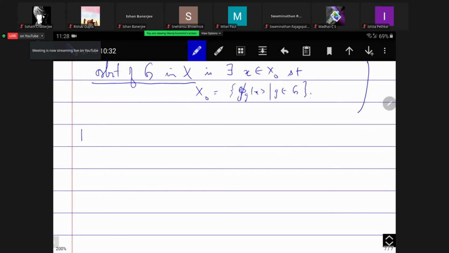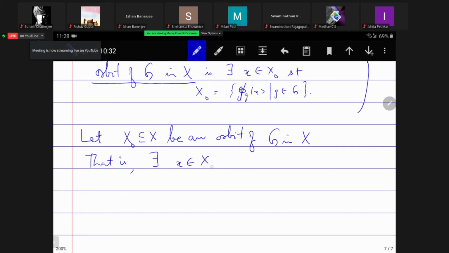So let X0 inside X be an orbit of G in X. That is, there exists some x in X0 such that X0 is phi G of x, where G is inside G.